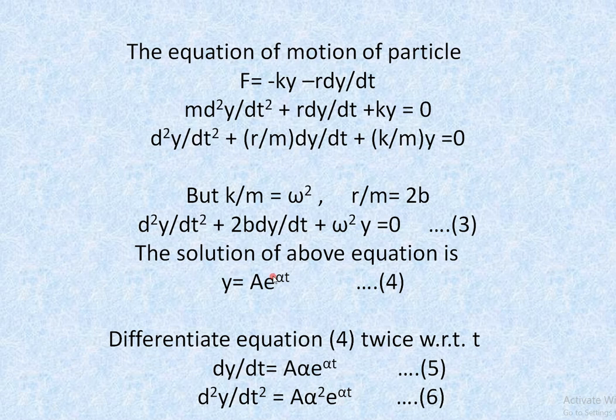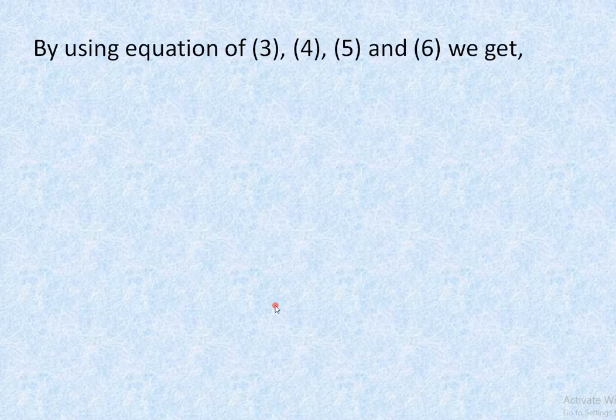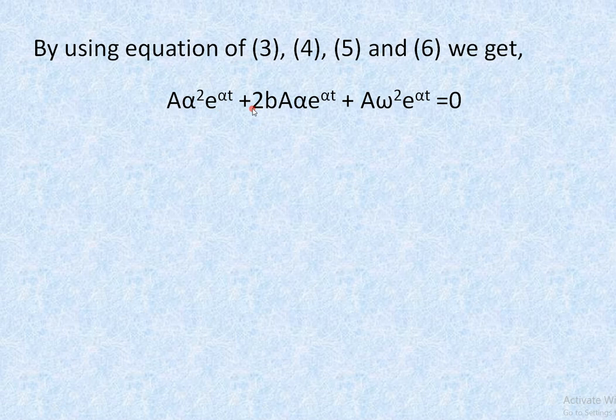By putting the values of equations 4, 5 and 6 in equation 3, we get a alpha square e raised to alpha t plus 2b a alpha into e raised to alpha t plus a omega square e raised to alpha t is equal to 0. Here a into e raised to alpha t is common, so the remaining terms are alpha square plus 2b alpha plus omega square is equal to 0.